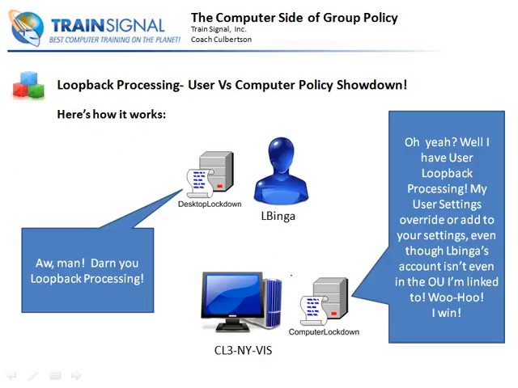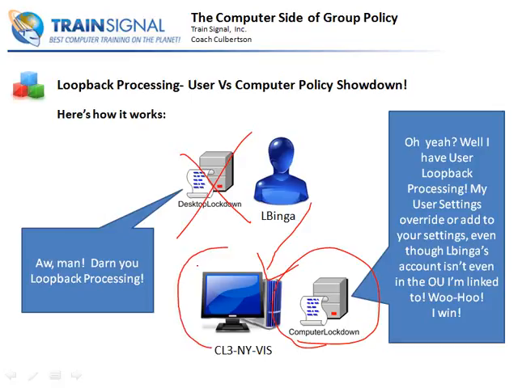But here's the thing, okay? Elbinga sits down at CL3, logs in, and there's two things that could happen. Computer lockdown has loopback processing. Now, if the loopback processing says replace, then desktop lockdown user settings have no say at all in what Elbinga can or can't do. At that point, Elbinga is now subject to computer lockdown, because computer lockdown replaces or merges the group policy object when he sits down and logs into client 3.